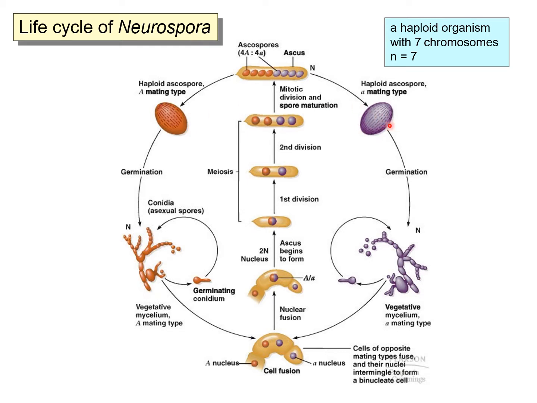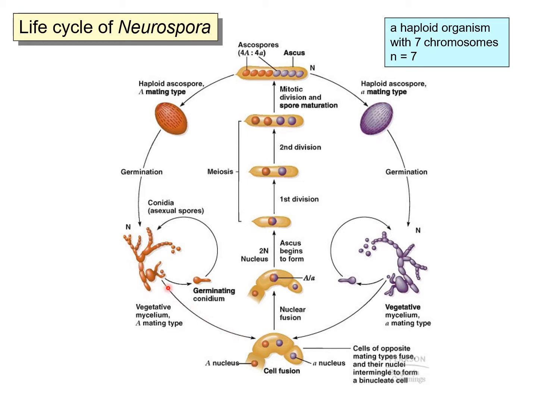Now the germination of these ascospores takes place, and it results in formation of hyphae, which are haploid in nature. So this is nothing but the vegetative mycelium having small a mating type, whereas this is the vegetative mycelium having the capital A mating type.